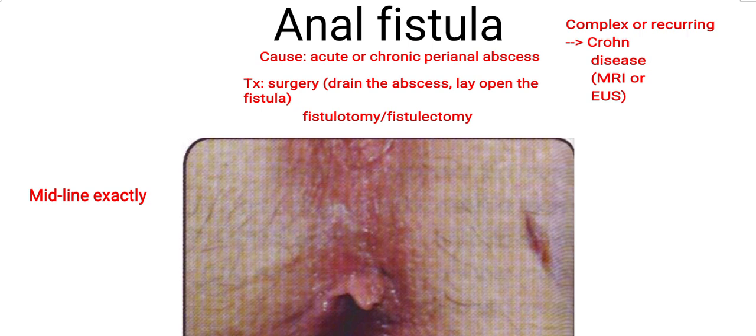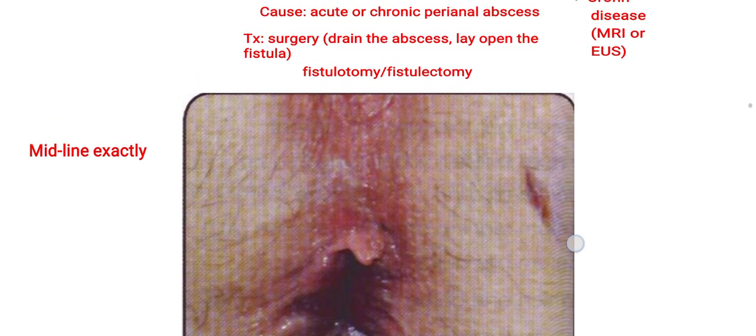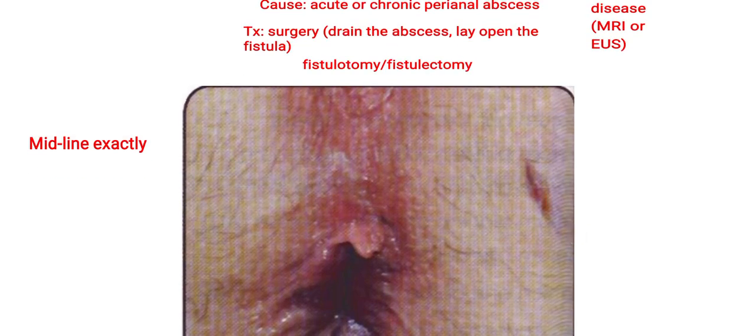So if it is recurrent, then we have to go for the MRI and endoscopic ultrasound to rule out any other disease. We have to keep in mind that Crohn's disease is one of the factors of this anal fistula.